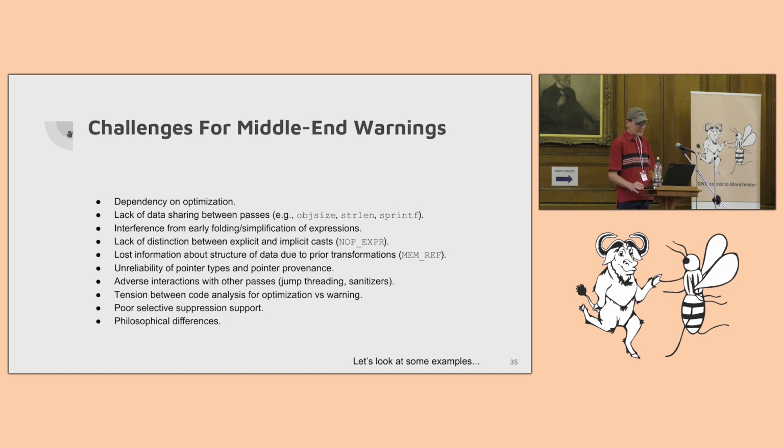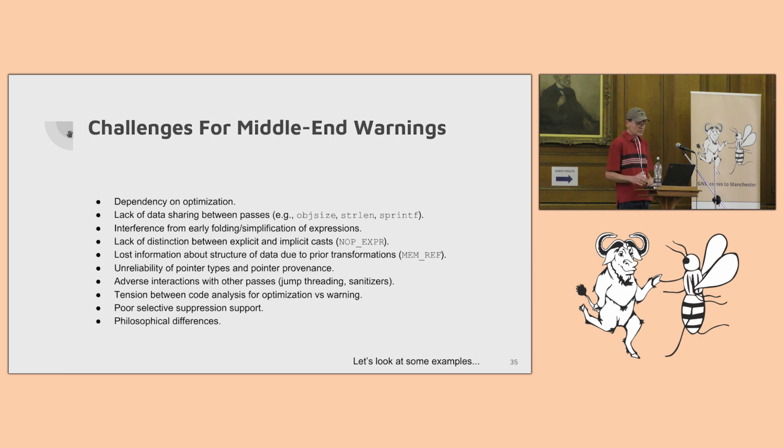The pointer types in GCC, as I recently found out, are not as reliable as one might like. And the pointer provenance that you might have access to early on, as early as the front end or maybe the folder, tends to get eliminated, tends to get lost, and is not available in later passes. So of course, that presents problems for detection of things like buffer overflows.